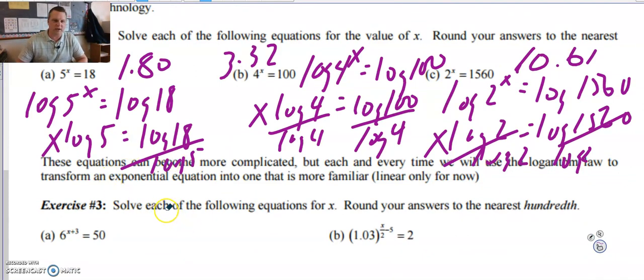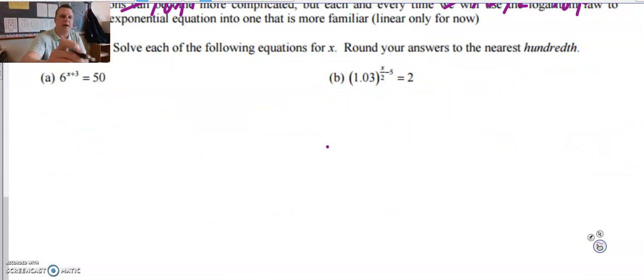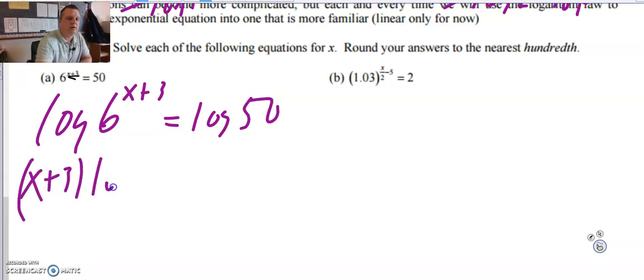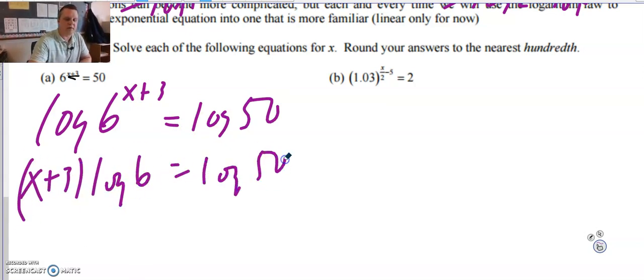If we have a little more challenging problems, maybe you have a binomial in the exponent, but as long as you have a variable in the exponent, you use your logs. Okay, so this one here is slightly different, because what we have here is, like I said, the binomial, but we're still going to do log 6 to the x plus 3 equals log 50. X plus 3 times log 6 equals log 50. All right, so same premise, same exact thing, divide both sides by log 6.